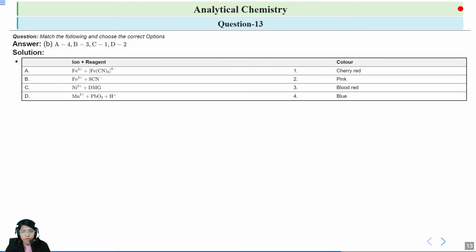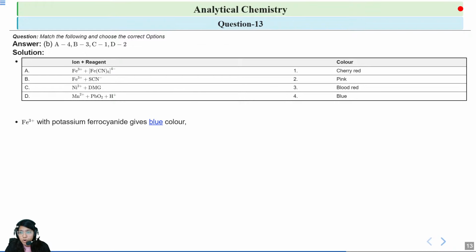So here we have a table which contains the ion plus reagent and the color. When Fe3+ reacts with potassium ferrocyanide, a blue precipitate forms. This is due to the formation of the complex ferric ferrocyanide, Fe4[Fe(CN)6]3.